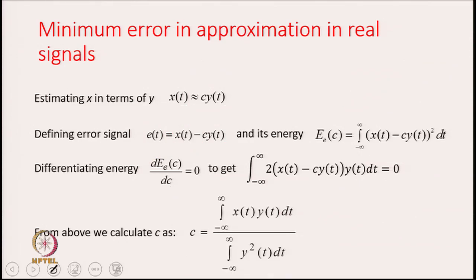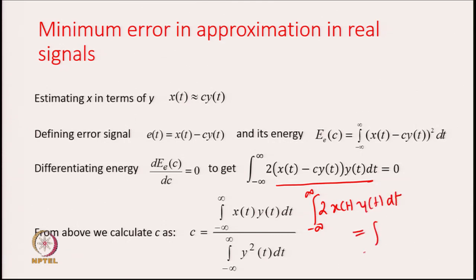So, the integration of 2 times x(t) y(t) dt is the same as 2 times c times y squared(t) dt, and from this I can take the c out. C is not a function of time, so it can be pulled out. From this I get the value of c as this quantity. This is the value of the constant that will minimize the error in approximation.